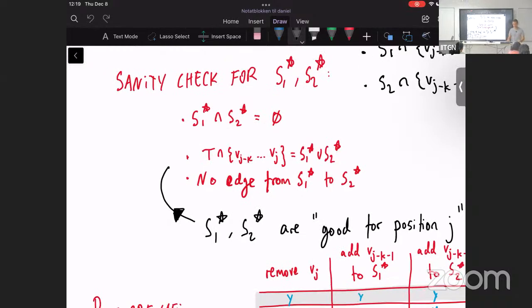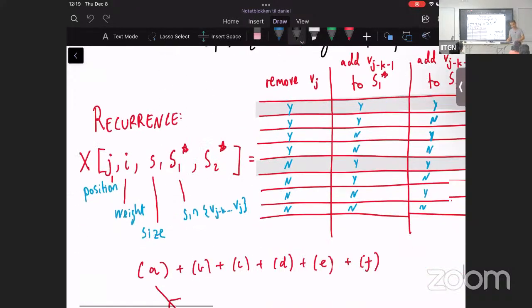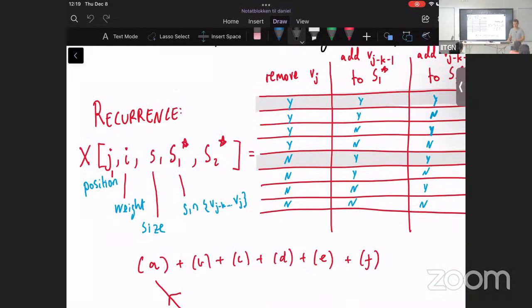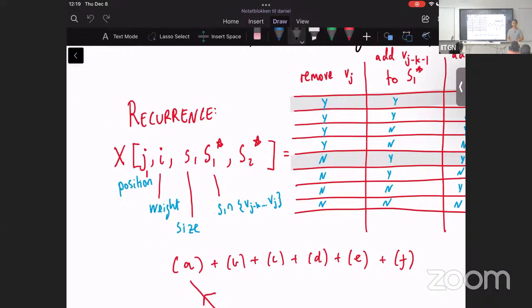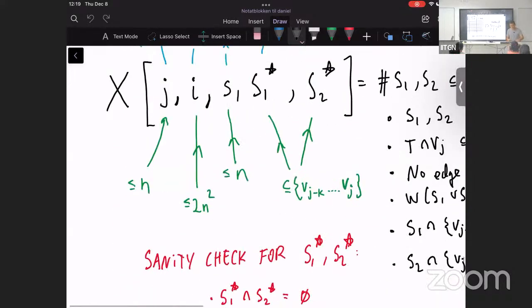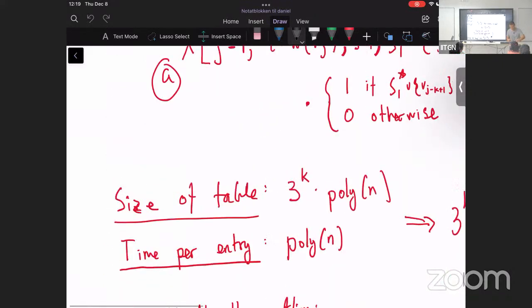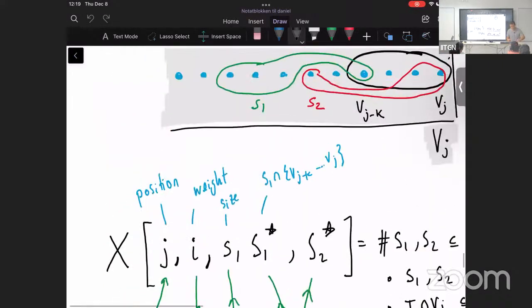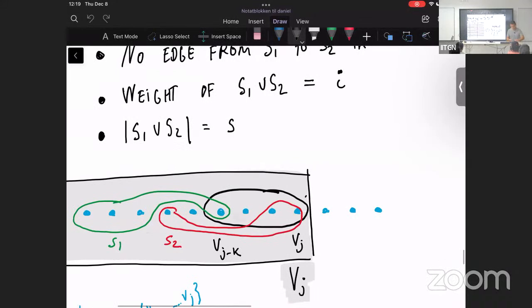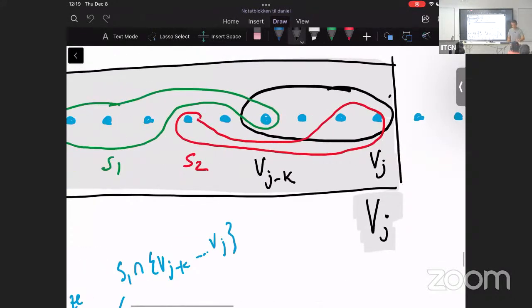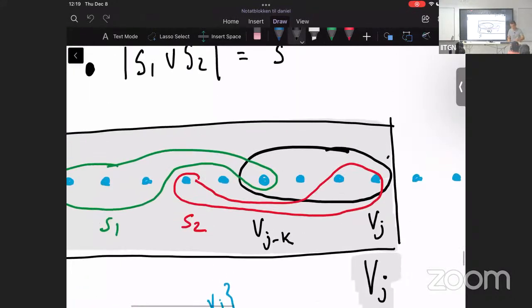Now if we want to have a recurrence for x, you basically go through a bunch of cases. What's going on is that you have the table for the previous position and you want to make the table for the next position.